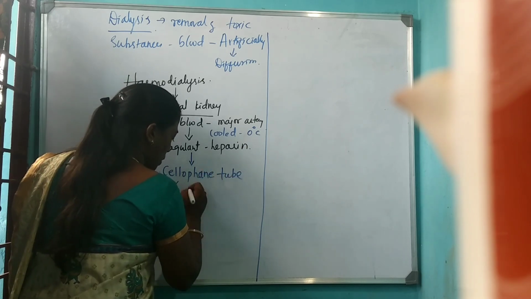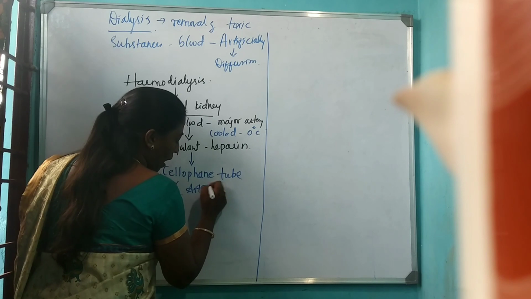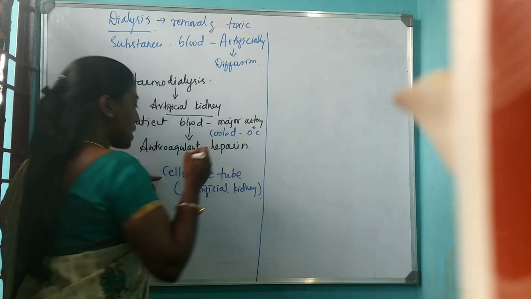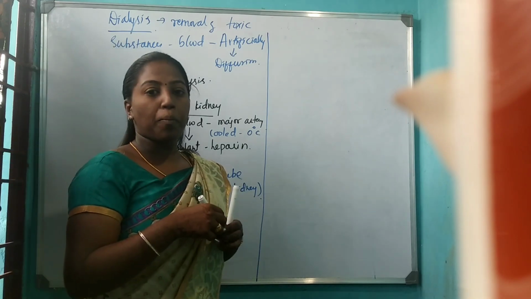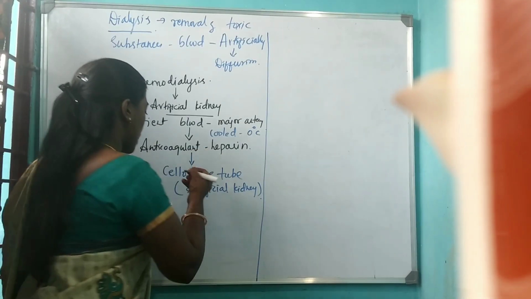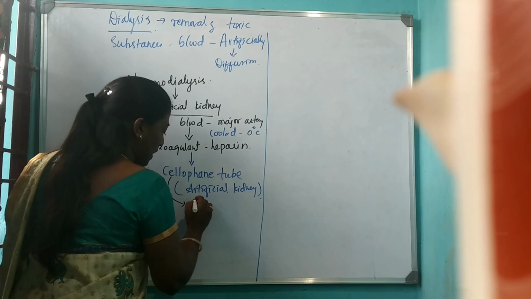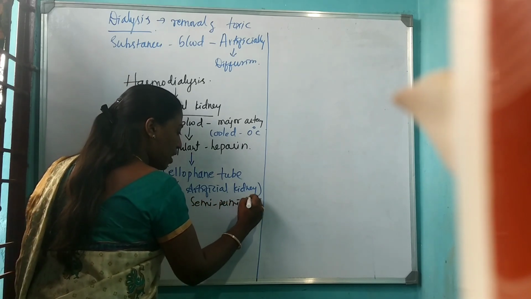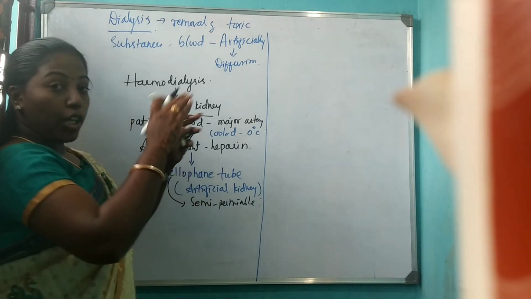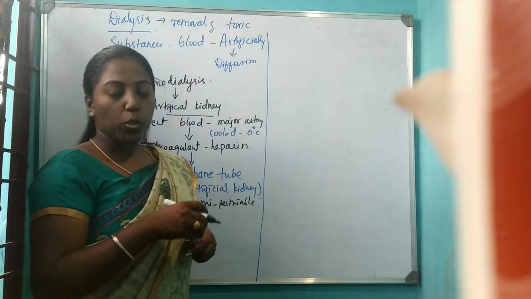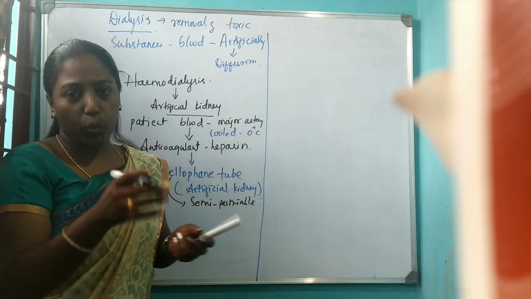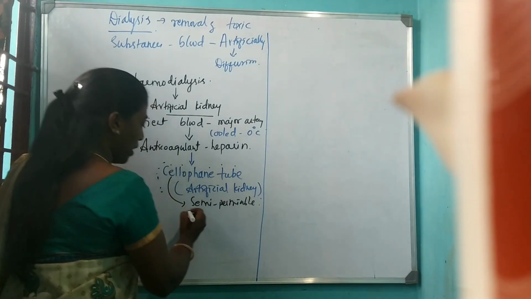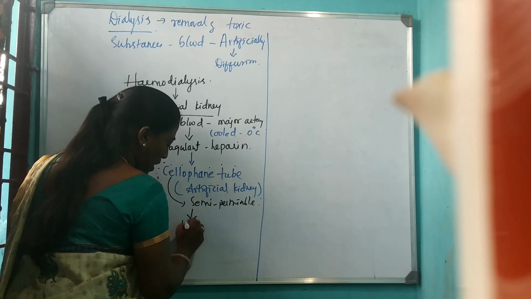These cellophane tubes are present inside the artificial kidney, and they are semi-permeable membranes. Surrounding these cellophane tubes, you can find a fluid.